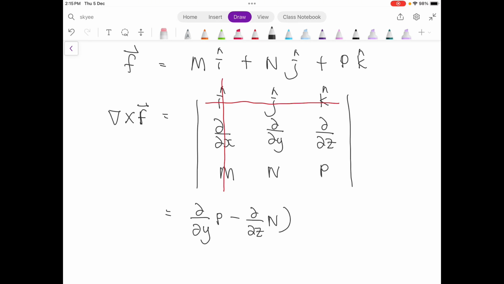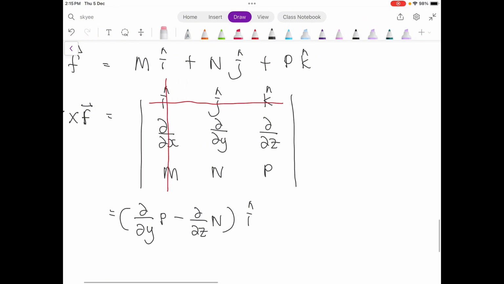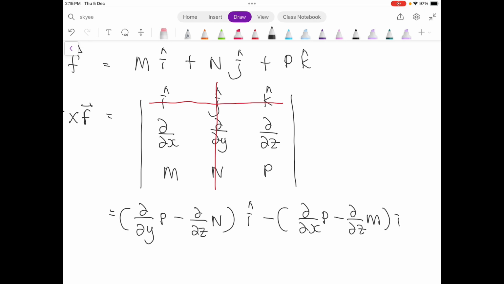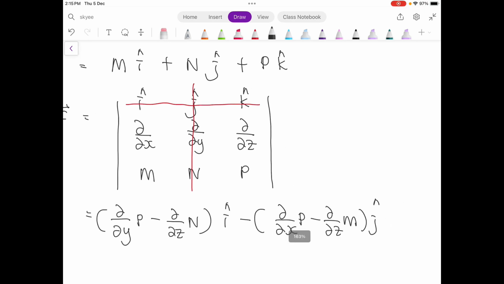And this belongs to the i component. For the j component, you have to hide the second column, and here it will be negative: negative del x p minus del z m. So this belongs to the j component.